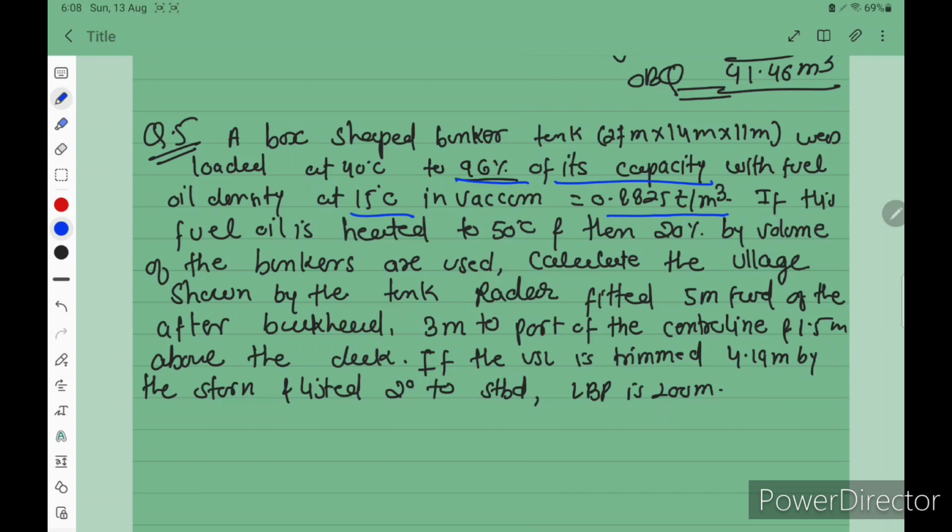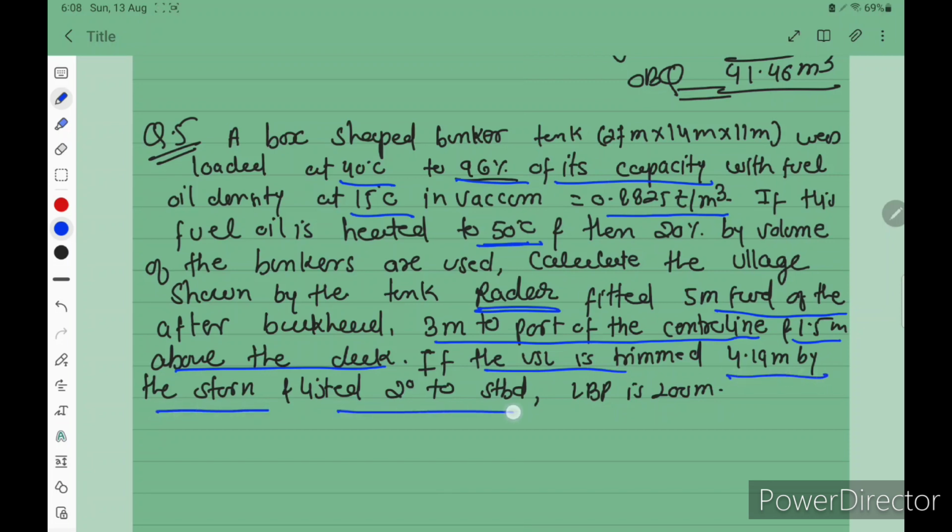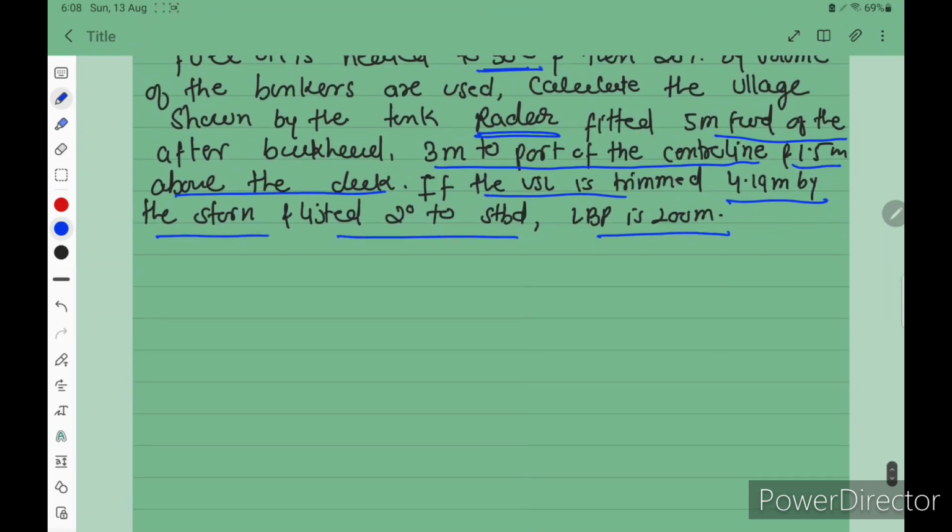If this fuel oil is heated to 50 degrees centigrade, so initially it was 40 degrees, now heated it will become 50 degrees, then 20% by volume of the bunker is used. Calculate the ullage shown by the tank radar. The radar gauge is fitted 5 meter forward of the after bulkhead, 3 meter to port of the center line and 1.5 meter above the deck. The vessel is trimmed 4.19 meter by stern, listed 2 degrees to starboard, LBP is 200 meters.